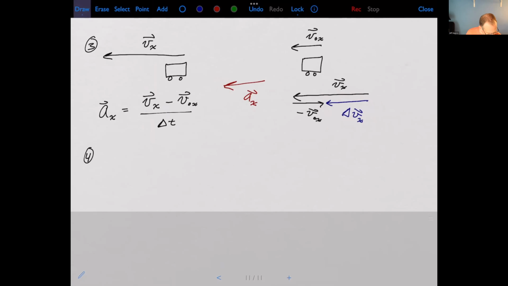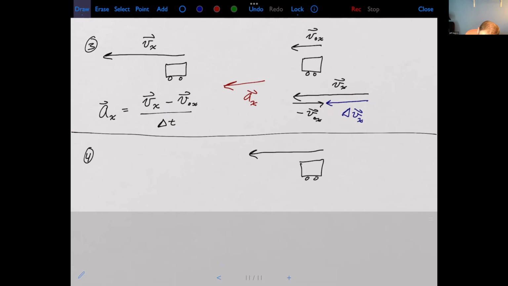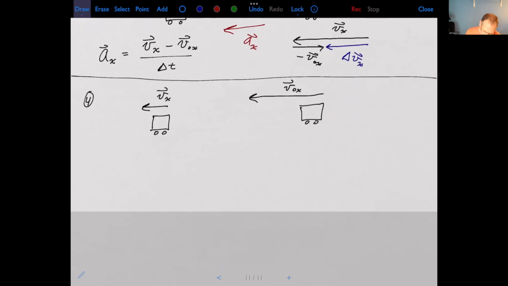And then finally, in the last example, let's say initially it's moving to the left again. But let's say it's moving fast to the left. And then it ends up moving still to the left, but much slower. So what is the acceleration, the direction of the acceleration in this case?